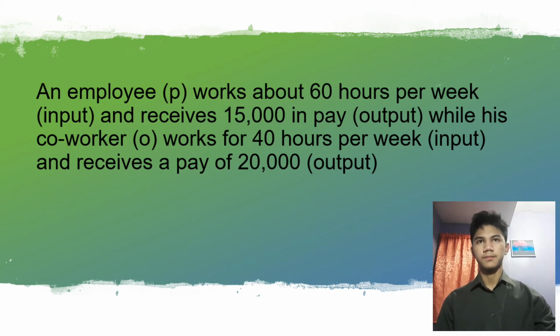Let's have an example. An employee works about 60 hours per week and receives about 15,000 in pay, while his coworker works about 40 hours per week and receives a pay of 20,000.